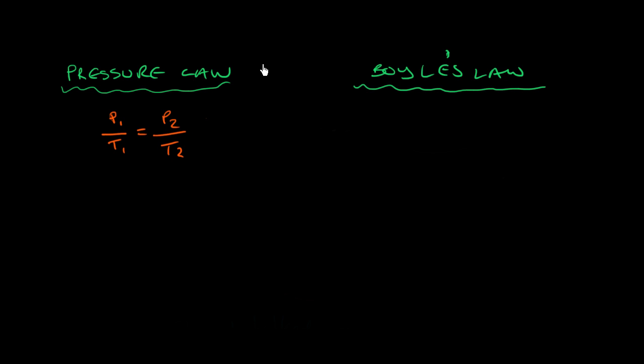So let me put this here in the middle so it's very clear. We're now talking about gases. As you increase the temperature, the pressure increases if you have it in a certain container.